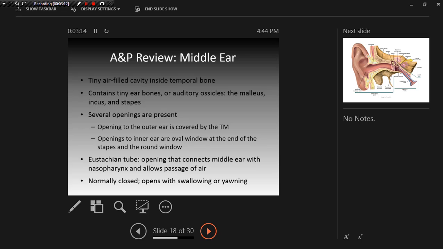There are also openings to the inner ear, which is referred to as the oval window at the end of the stapes, and through the eustachian tube, which is the opening that connects the middle ear with the nasopharynx and allows the passage of air, which maintains equalization of pressure between the middle ear and the inner ear.